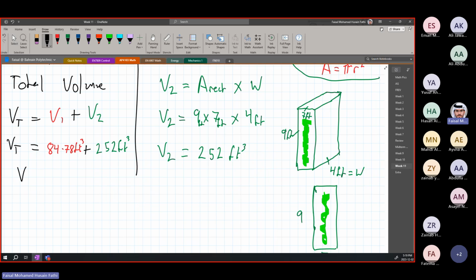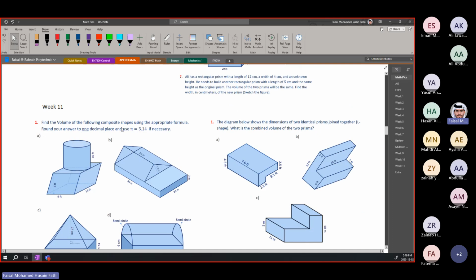V total is equal to, put this in the calculator, 252 plus 84.78, 336.78 feet cubed. In the question, I believe it mentions to 1 decimal place.